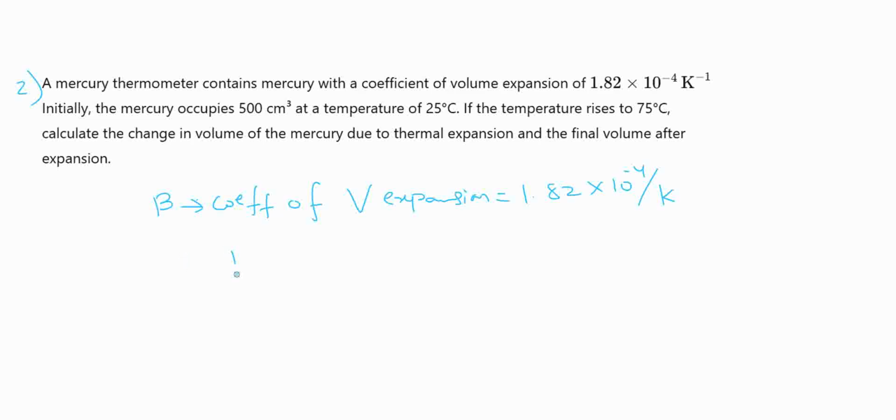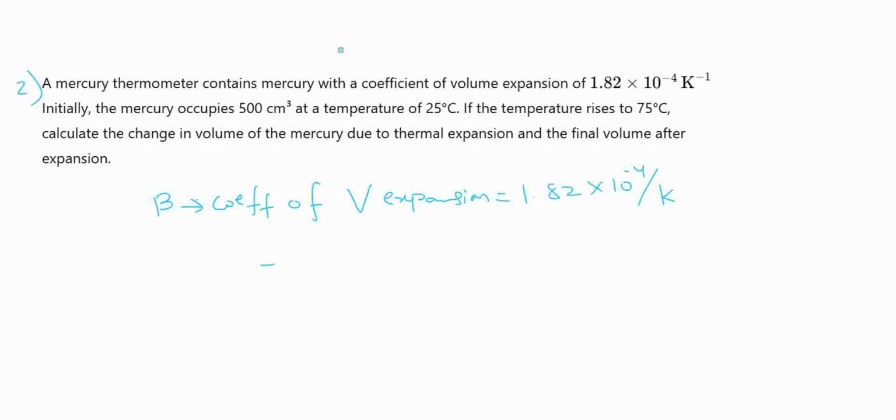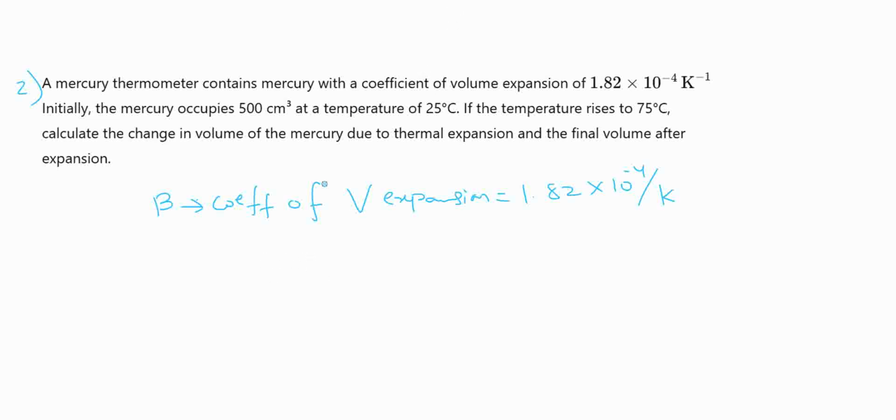And we know that beta is equal to the change in volume divided by the reference volume or initial volume, times the change in temperature.